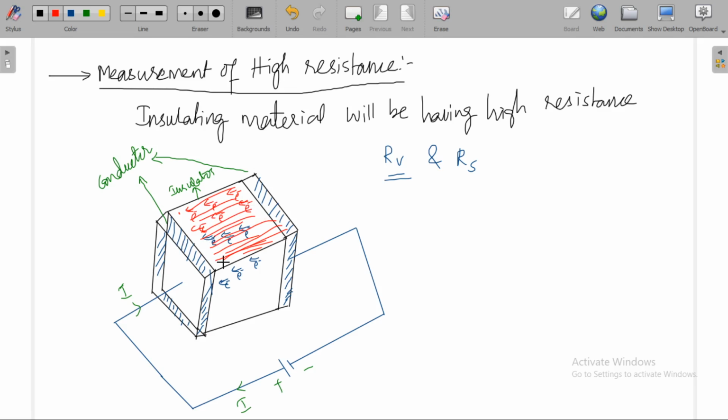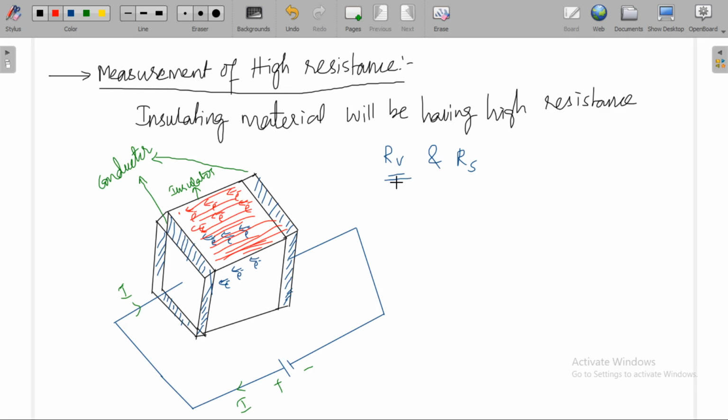Electrons in blue color flow through the volume of this insulating material. Electrons in red color flow through the surface of this insulating material.